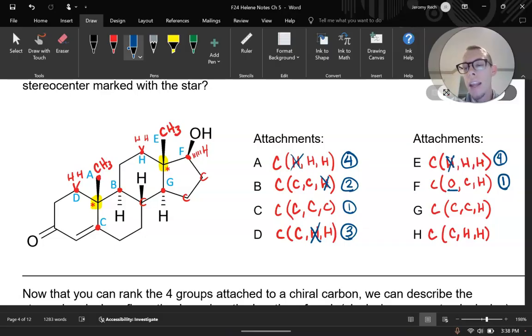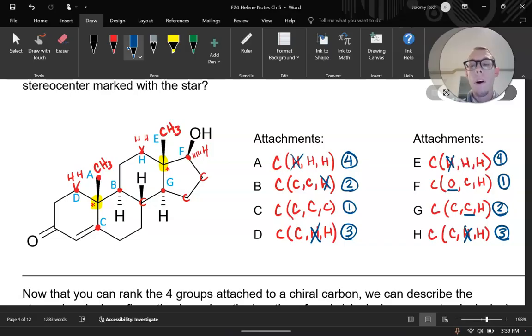I then have a tie between my 2 carbons, so I'm going to look at the next one. And there I have a carbon and then a hydrogen, so I'm going to give my second priority to G and then my third priority to H. So my 1, 2, 3, 4 is going to go F, G, H, and then E.